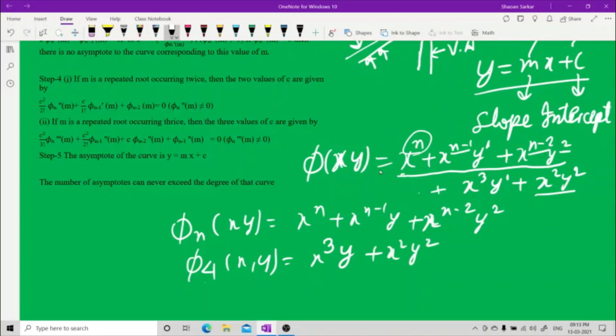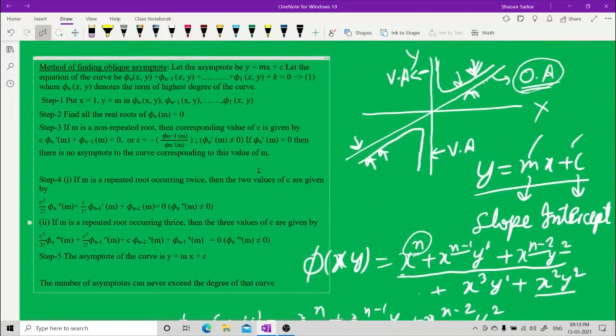So what it means here is that you write the equation as phi n xy, phi n minus 1 xy, up to phi 1 xy, and then a constant. Then put x equal to 1, y equal to m, and it will become an equation of m. Then you find the roots of phi n of m equal to 0.